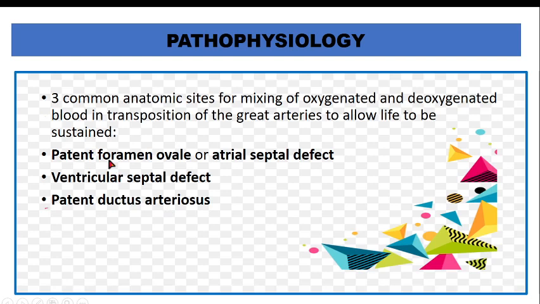What is foramen ovale? If you remember the fetal circulation, it is an opening between the right atrium and the left atrium, which is normal for fetal circulation. Sometimes there can be a foramen ovale which normally closes soon after birth, but if it does not close, then it is a patent foramen ovale, or it can be ASD.